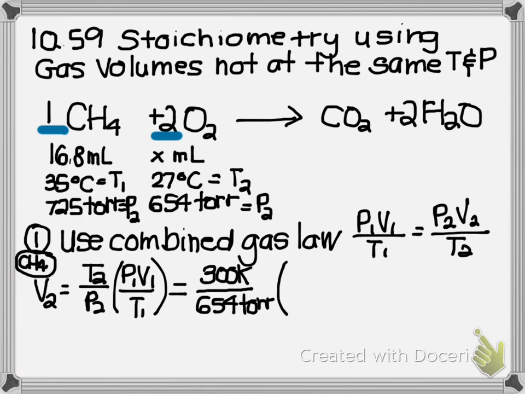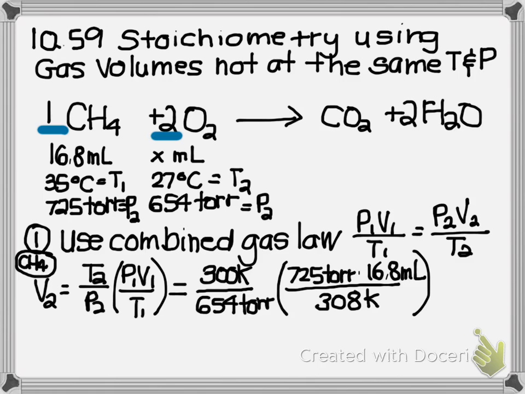Then I multiply by 725 torr times volume 1, which is 16.8 milliliters, and divide by 35 degrees Celsius, which is 308 Kelvin. When I solve the math, I get that the volume of my methane at the new temperature is 18.1 milliliters.